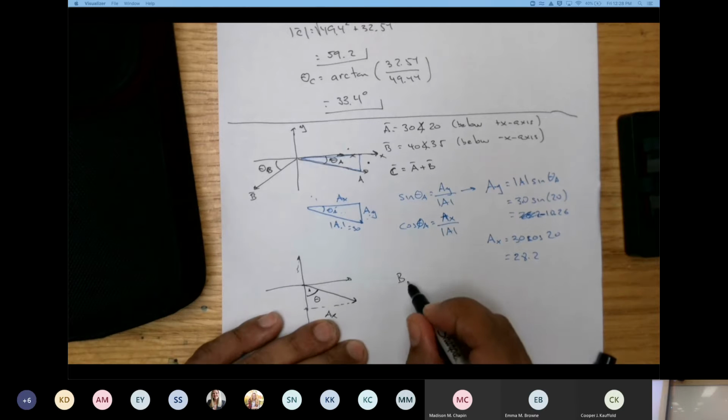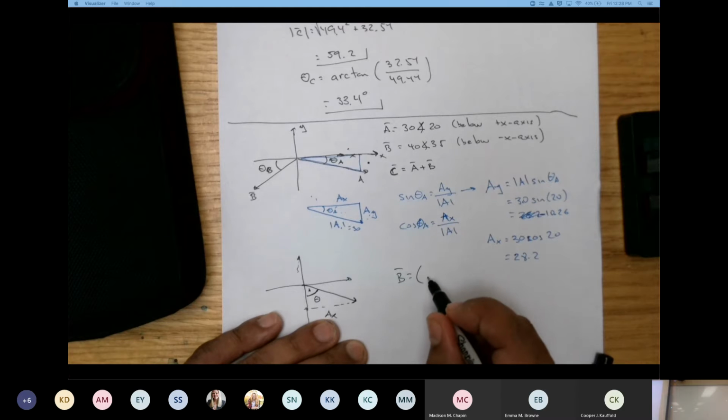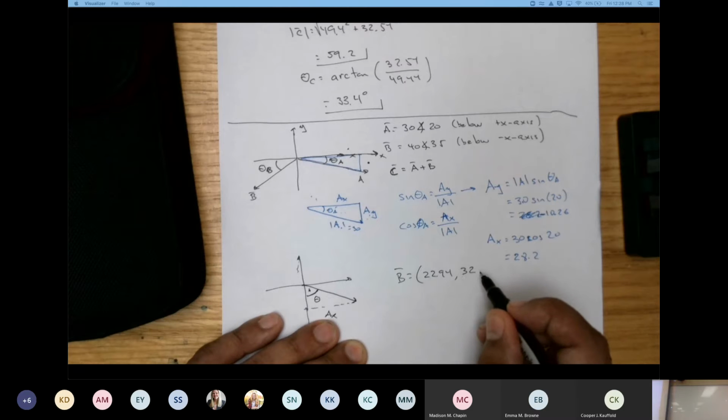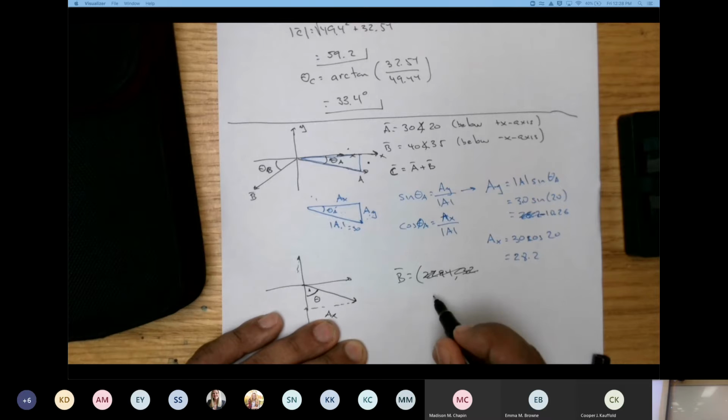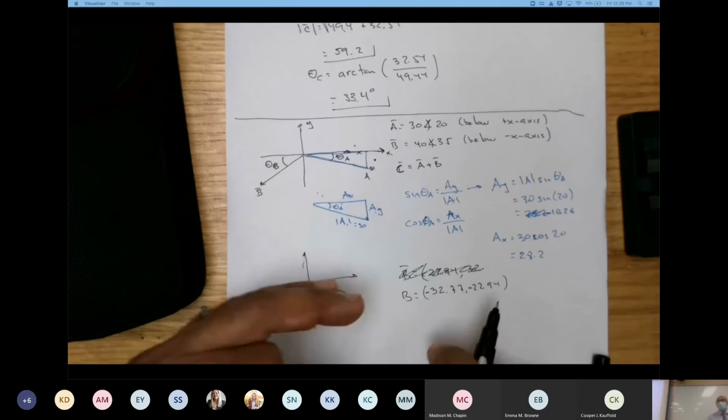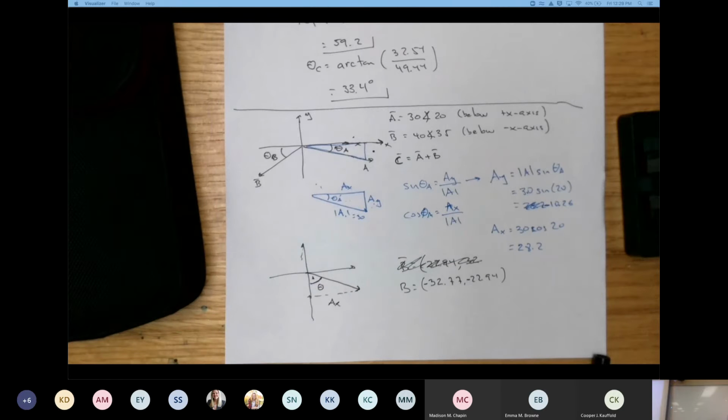For the X one, I got 22.94, and then for the Y, I got 32.77. Yeah, negatives. These two have to be negative because they're in the 3rd quadrant, so both have to be negative.